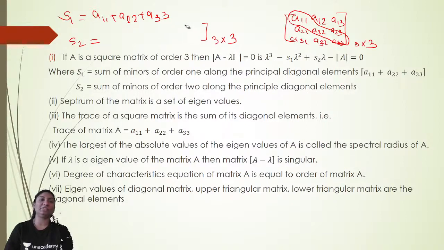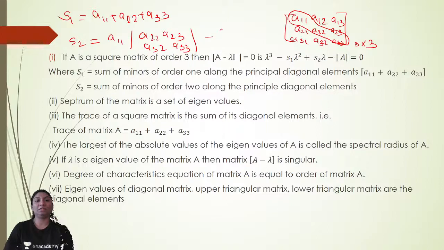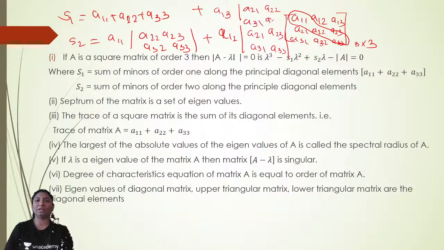It means here we can write S2 is equal to A11 into determinant of A22, A23, A32, A33, plus A12 into determinant of A21, A23, A31, A33, plus A13 into determinant of A21, A22, A31, A32. Okay, so you can calculate S2 by using this formula.